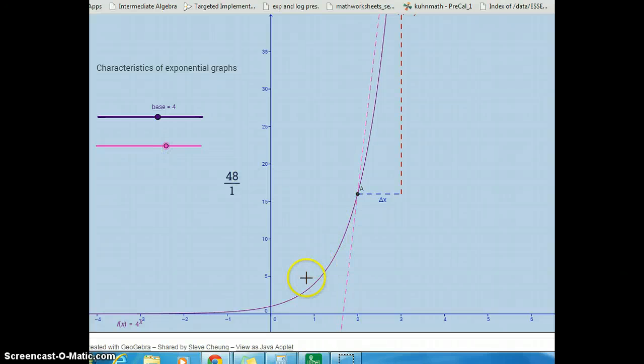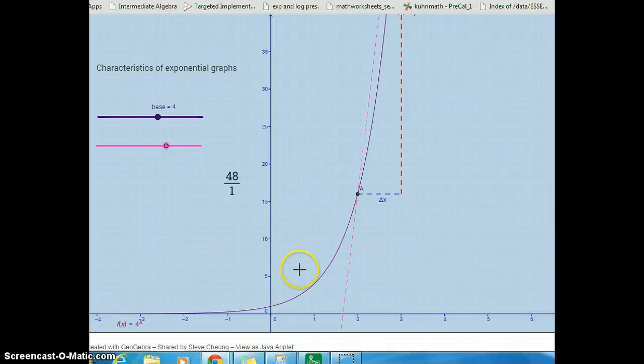So the rate of change in here, the average rate of change, is changing by a factor the same as the base. If this equation right here is 4 to the x, the base is 4, so that's why the rate of change is changing by a factor of 4.